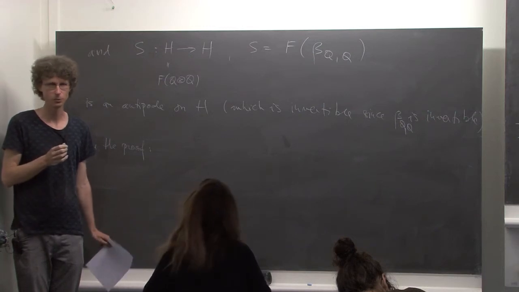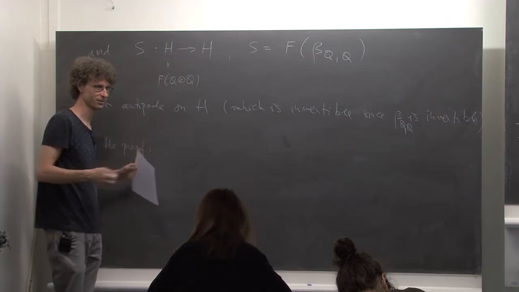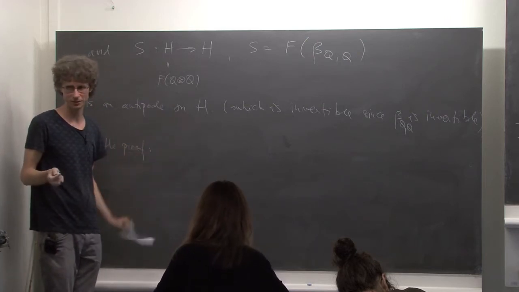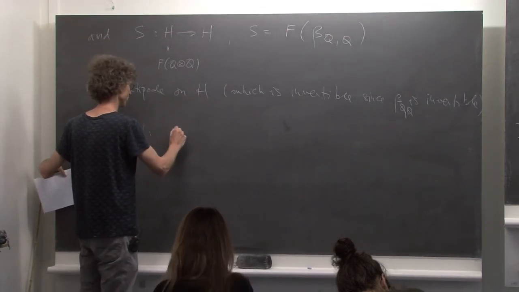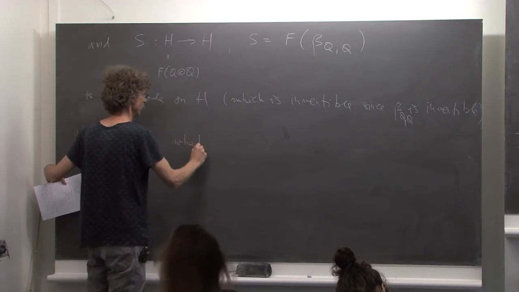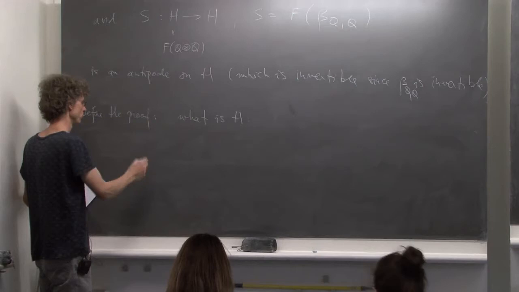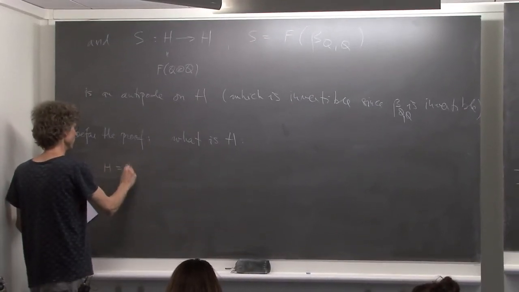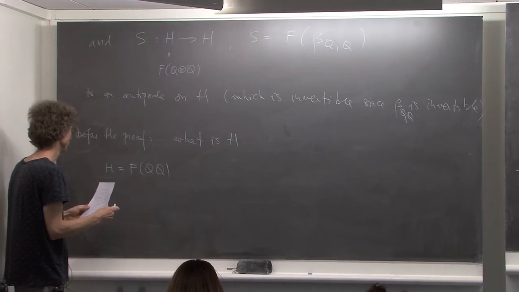Then who cares about some proof, just to have some hands-on understanding of what precisely is that Hopf algebra that we constructed. So what is H? First of all, this H is F of Q tensor Q.